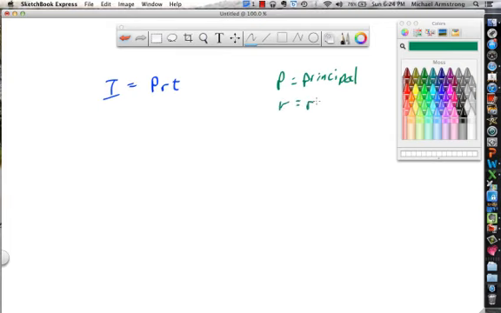R is the rate, which is the percentage. So for instance, if it's 6%, that's written down as 0.06. Time is usually in years. T is time, and in most of these math books it'll be in years. And I is the interest.